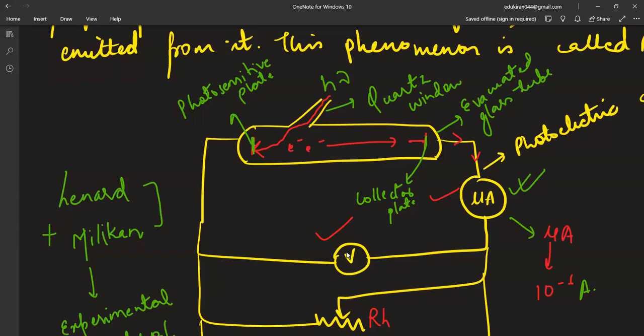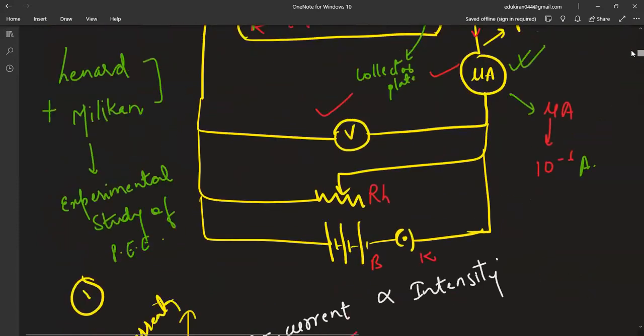This was measured, and the voltage was measured by the voltmeter. And to regulate the amount of photoelectric current, a rheostat was used. This modulated the resistance and the amount of current, because the more you increase the resistance, the value of current would decrease. This was already given by Ohm by that time.